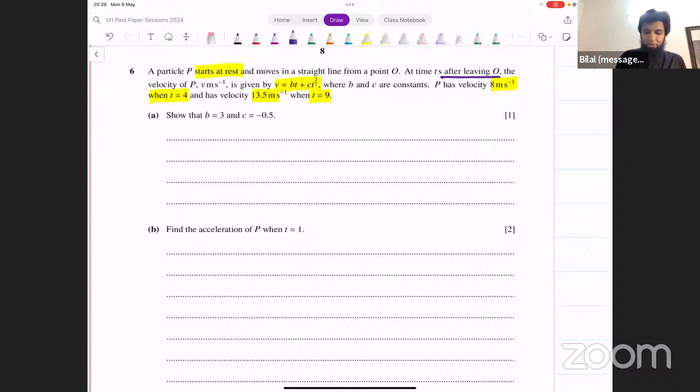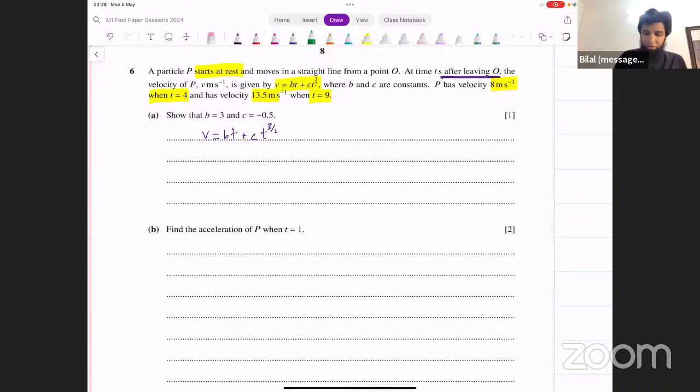Okay, so how do you do this? You've got this velocity function, V equals BT plus CT raised to the power 3/2. And they've given you these two pieces of information. You just input those values here. Why is this just one mark? Let me think about it.